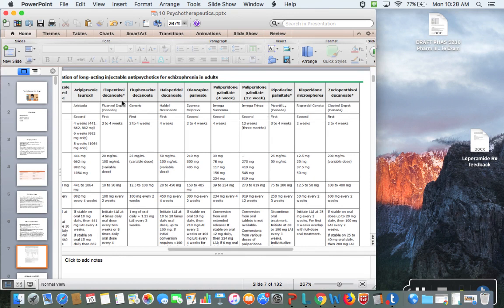The other thing to note too, these ones with the asterisks on the name are not available in the US, so don't worry about those for testing purposes. Well, I shouldn't say obviously, and sorry, I'm not trying to sound condescending or anything, but I will not test you guys on the Canadian drugs. I was about to do a Canadian accent and I can't, so I'll spare you that too. So don't stress about those drugs.